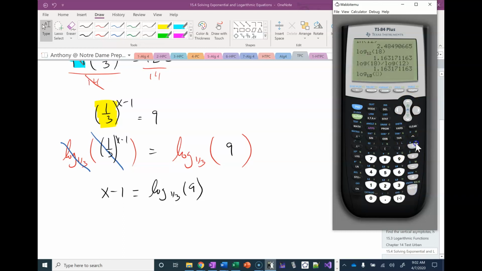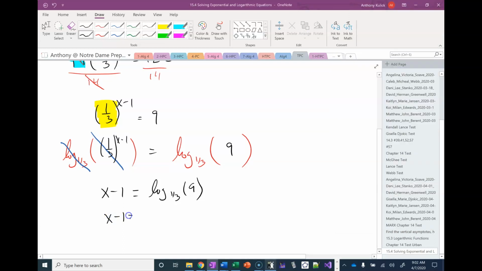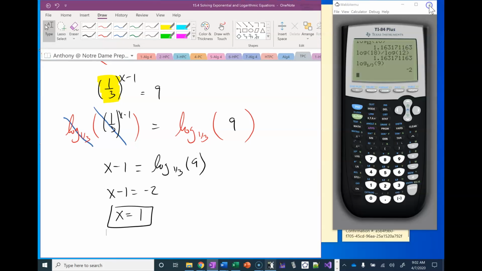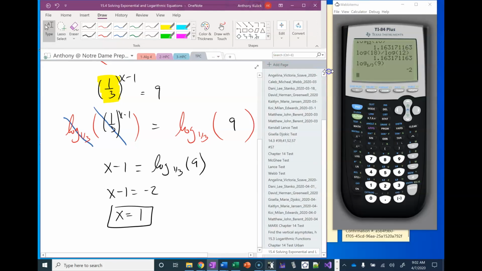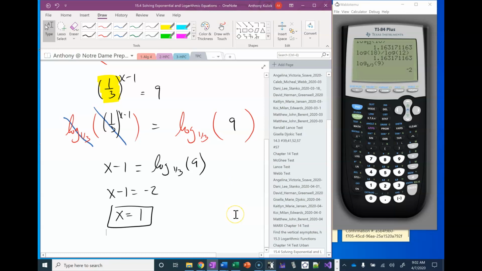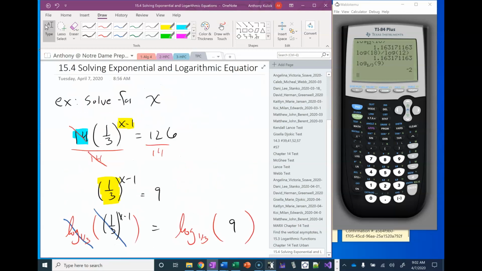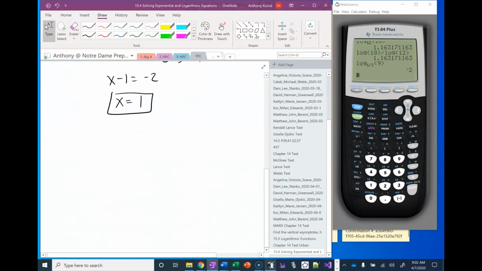So log base 1/3 of 9 gives us -2. So when I add 1 to both sides, I get x is equal to 1. And we're done. Let's do another. So let's call this example A here.